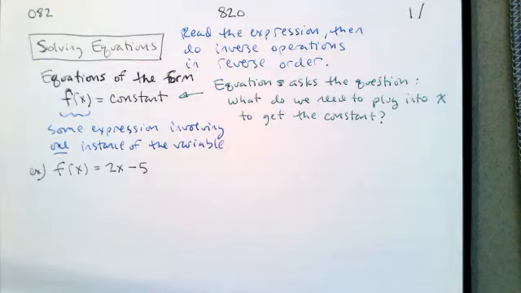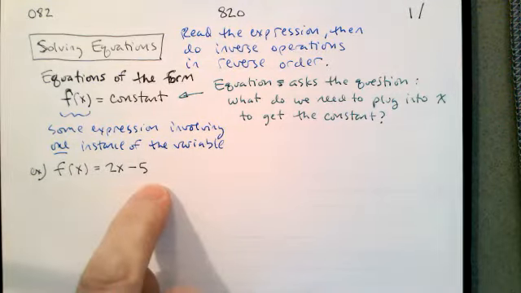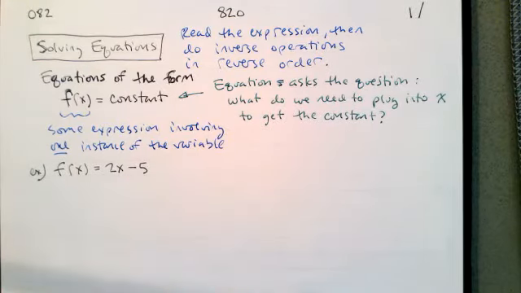So let's remind ourselves about how function notation works and how simplifying expressions works. I've got this nice simple function. f of x is 2x minus 5. What we're doing is encoding the expression and giving the expression a name. We're just saying this is some function of the variable x.